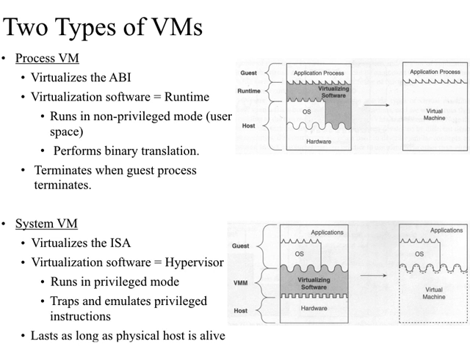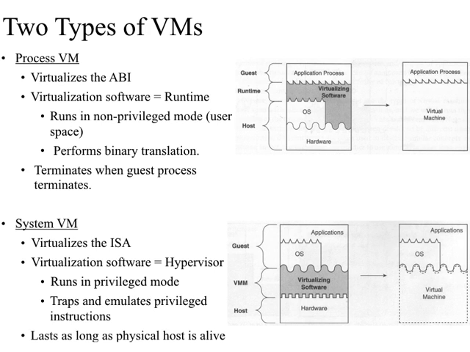So based on the interfaces we just saw in the previous slide, there are two types of virtual machines: process virtual machines and system virtual machines. Process virtual machines virtualize the ABI. ABI is again the combination of system call interface and the user ISA.